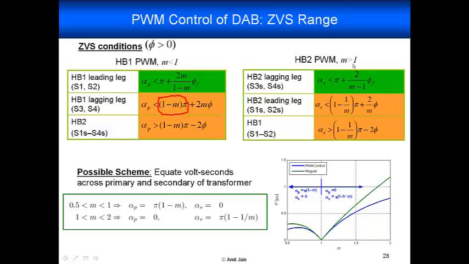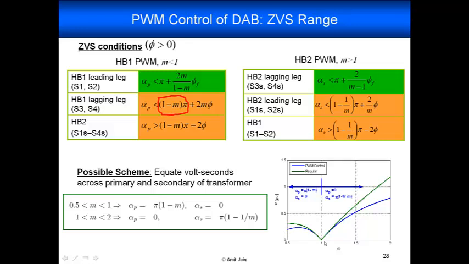So the output voltage reflected to the primary side is greater than the input voltage. When we use these conditions for the introduced phase shift, and we now plot the ZVS boundary, this is what we see.